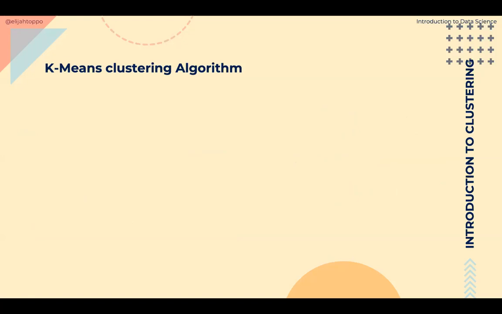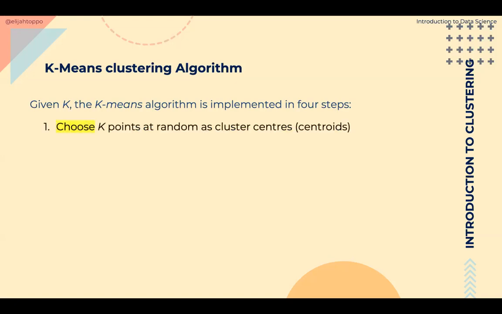Okay. So we look at the K-means clustering algorithm. Given the value of K, the K-means algorithm is implemented in 4 steps. First, we choose K points at random as cluster centers. You have all of your data, and randomly we select K points.